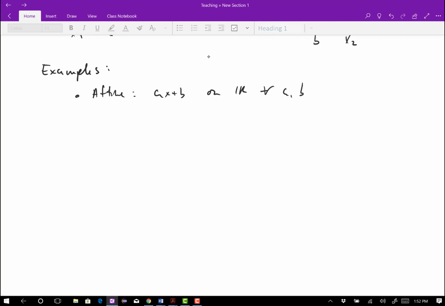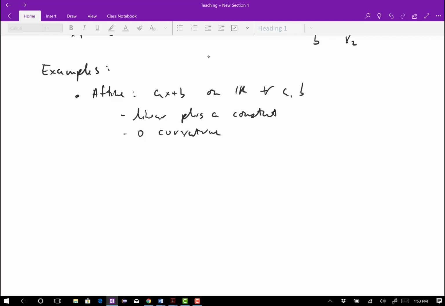These are linear functions plus a constant. They have zero curvature.